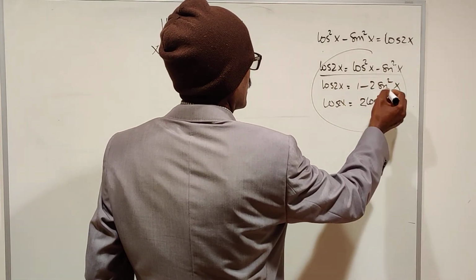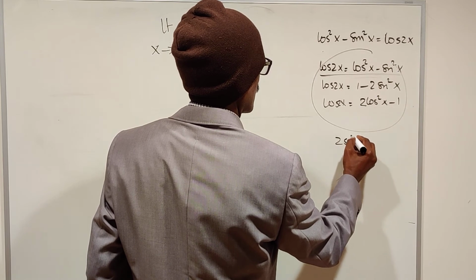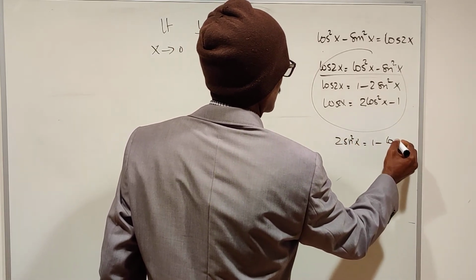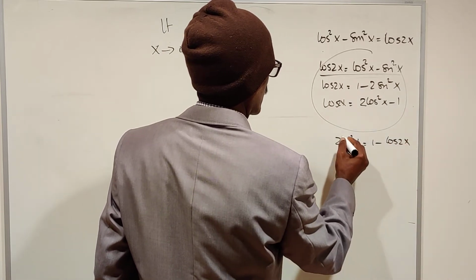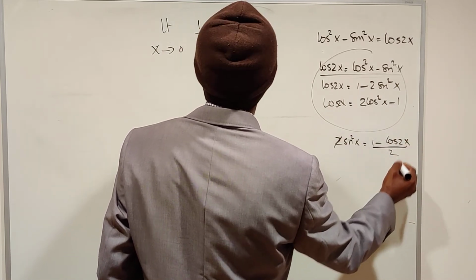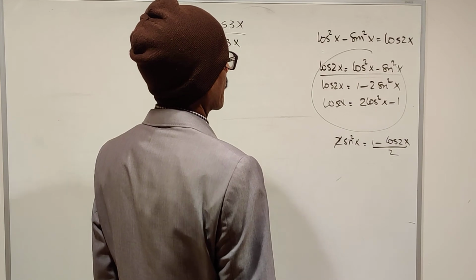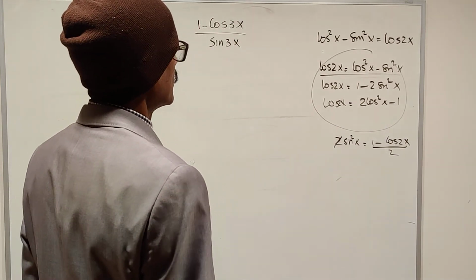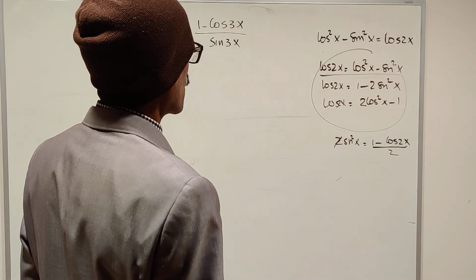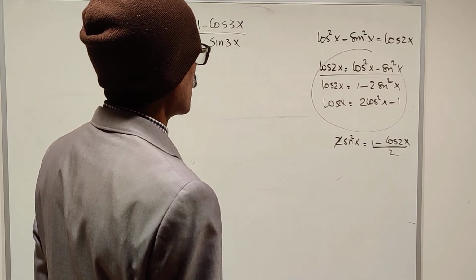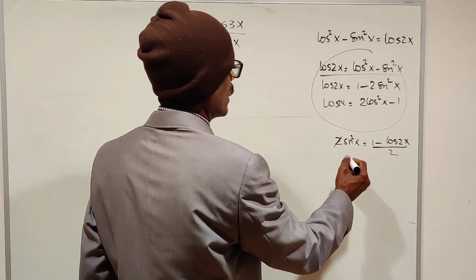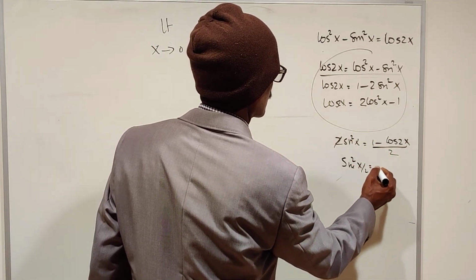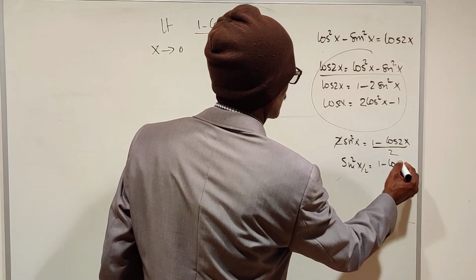Okay, then see, from here 2 sin square x equals 1 minus cos 2x. Sin square x equals (1 minus cos 2x) by 2. What is sin square x by 2? Sin square x by 2 equals (1 minus cos x) by 2.